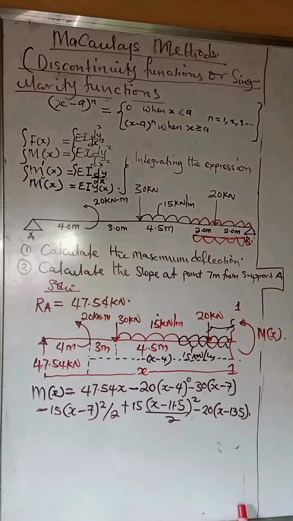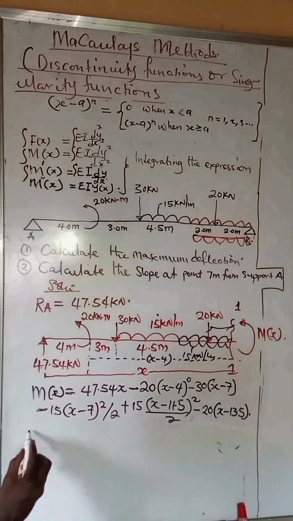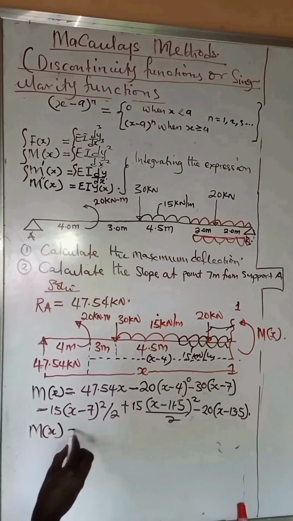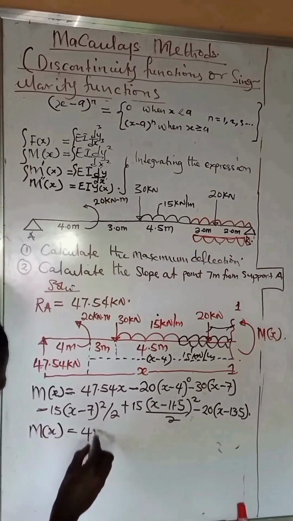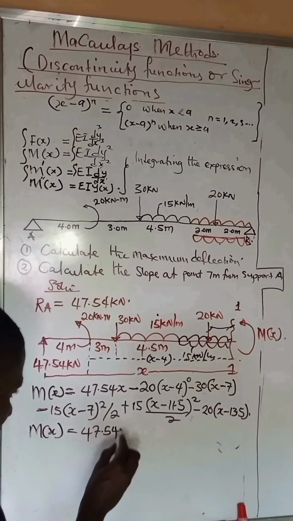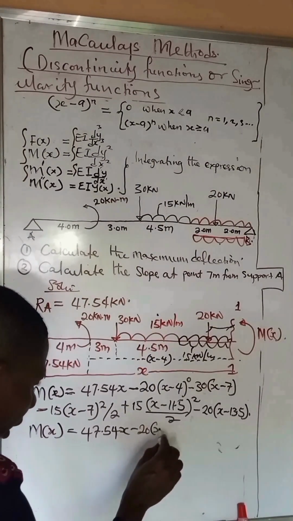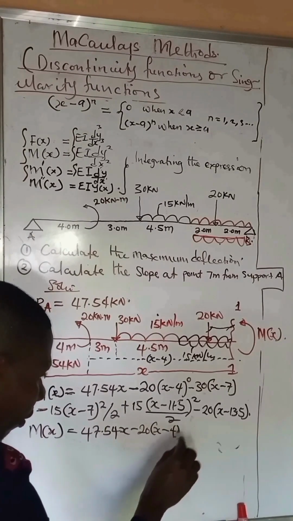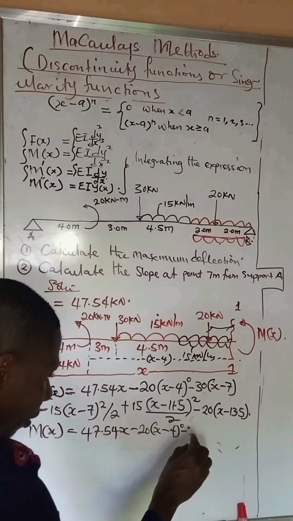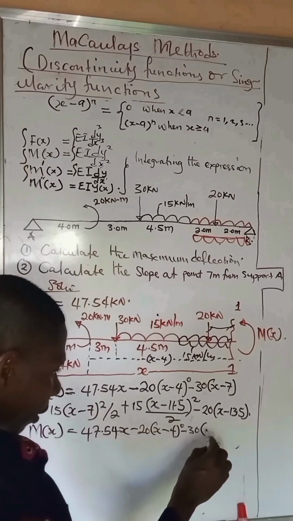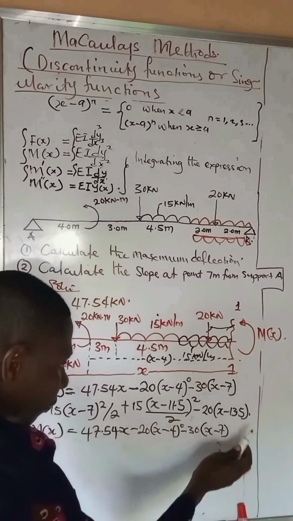So from this, we can begin to integrate our function. All right, let's continue with it. We'll have M of x equal to 47.54x minus 20 bracket x minus 4 to power 0 minus 30 bracket x minus 7.